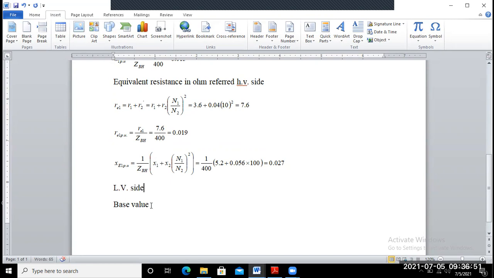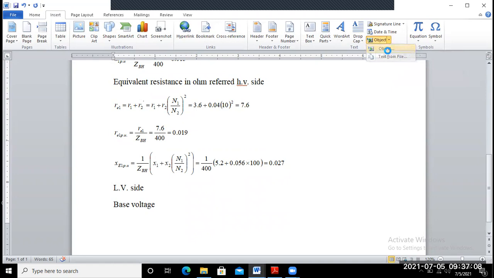So the base voltage of the low voltage side, VBL, equals how much?